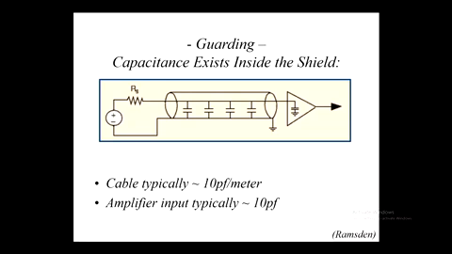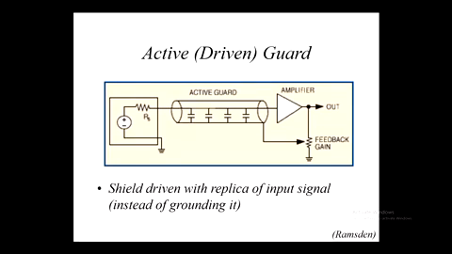Guarding. Sometimes shielding is called guarding, and sure, it does guard because it's guarding the signal line from involvement externally, but we also have the idea of an active guard, a driven guard, where some proportion of output signal, common mode output signal, is pushed back onto the shield.